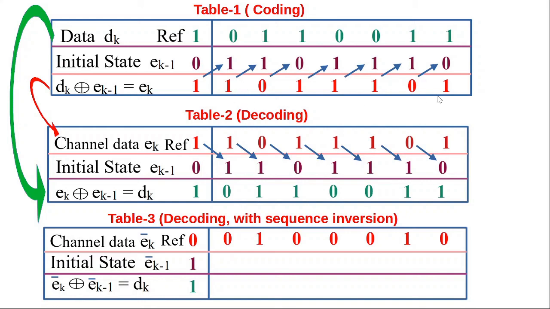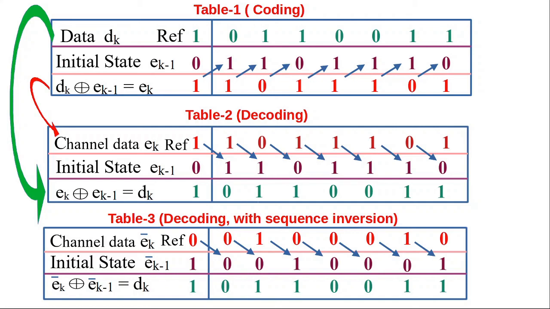or table 1 also. So here the initial state will be this, and so the output stream that we will get, it is clear from this table, already we have discussed earlier.